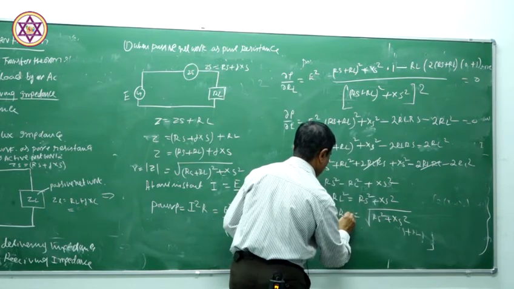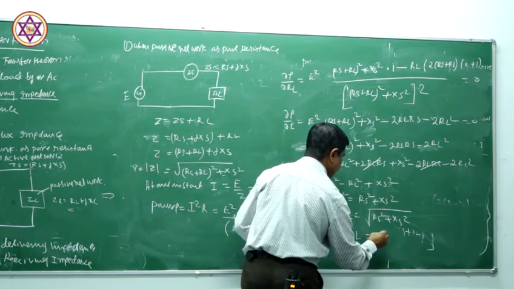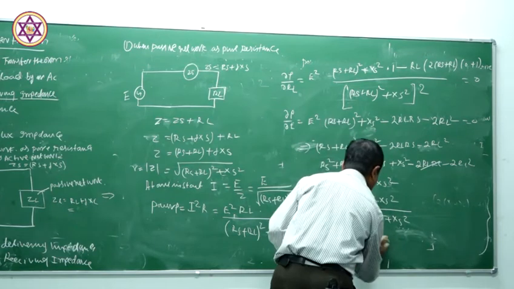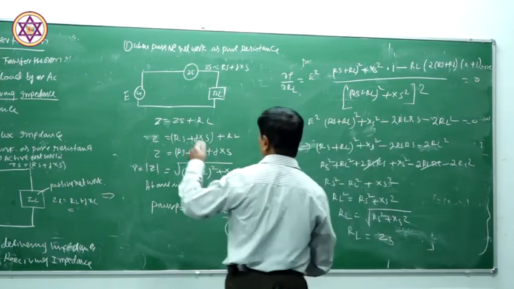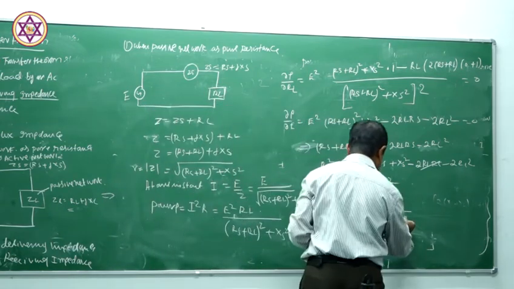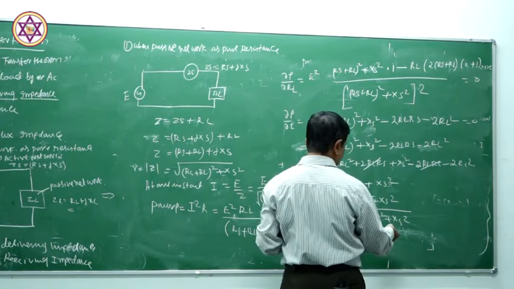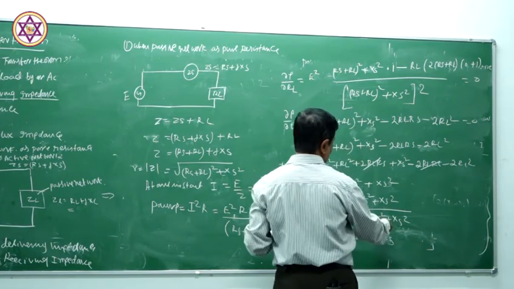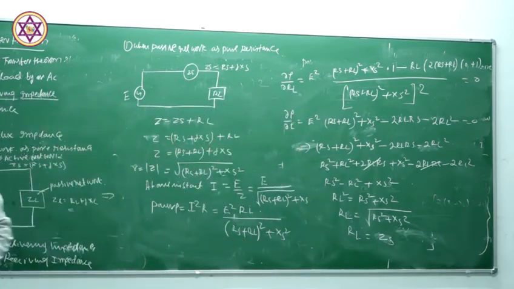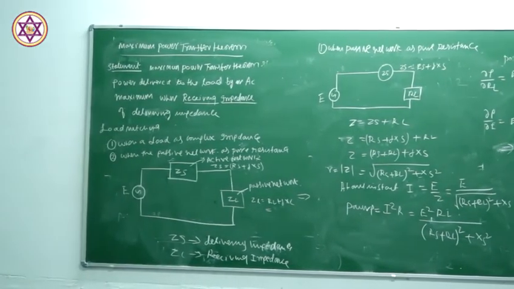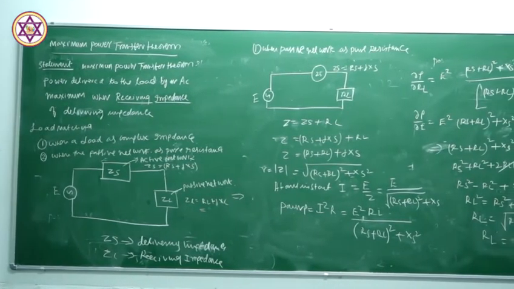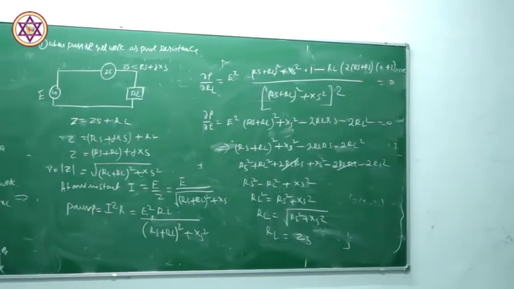This is nothing but ZS. So RL is equal to ZS, the magnitude of the source impedance.